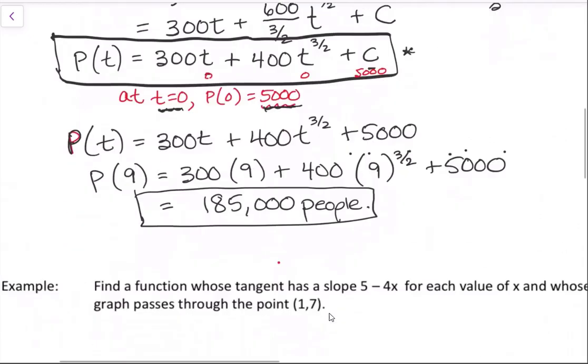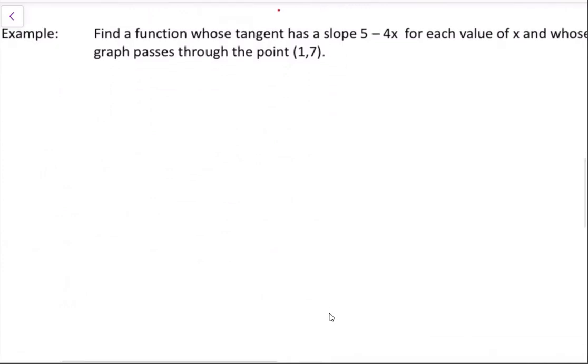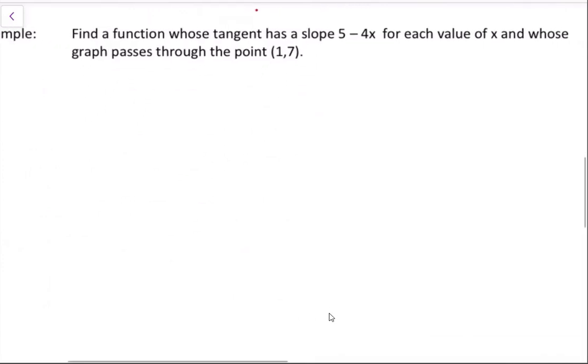Okay, let's take a look at another example. In this problem, we are being asked to find a function whose tangent has a slope of 5 minus 4x for each value of x and whose graph passes through the point (1, 7). Let's think about why this is an integration example. In the past, we have been asked to write the equation of a tangent line.